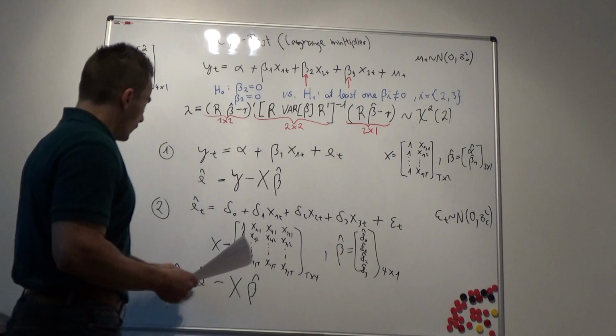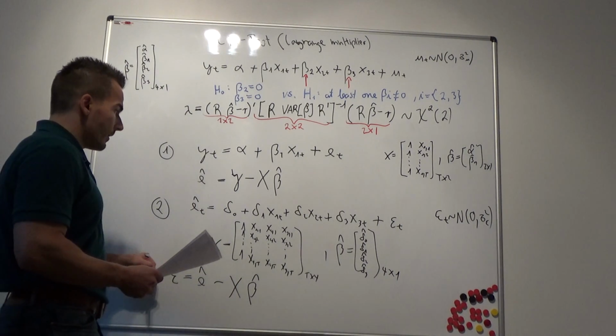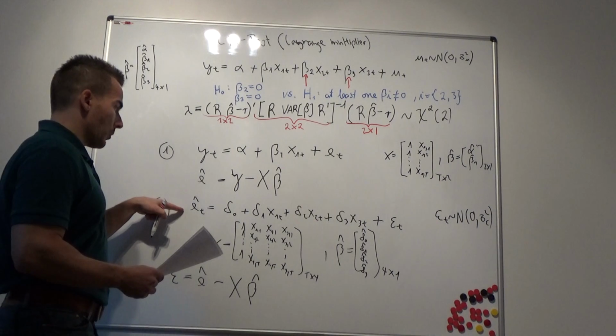So we need this residual vector in order to compute the R square of this auxiliary regression equation.